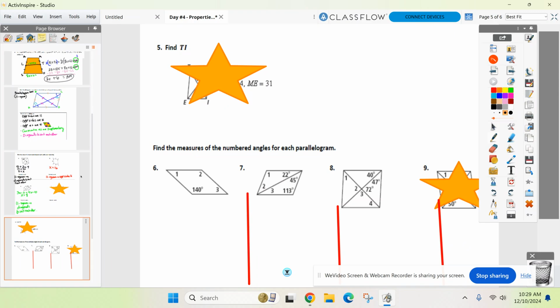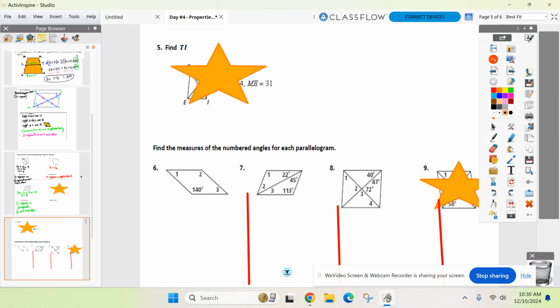So I got 40. 22. I got 61, 72, 108. And then 72, 36. For number 6, I thought 61, 72, 73, 68, because number 3 is 108, right?